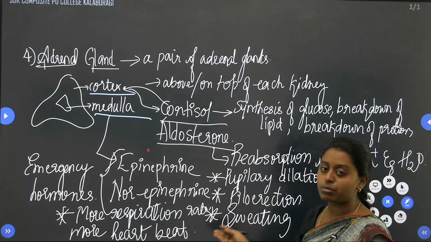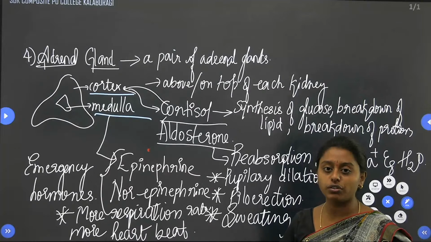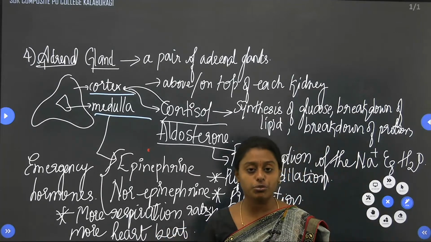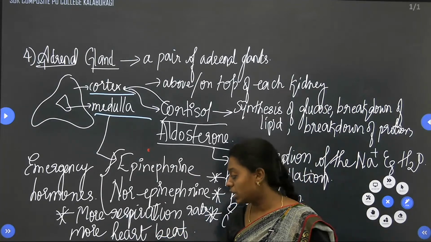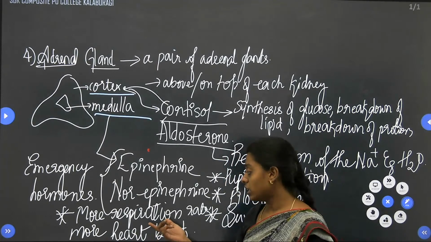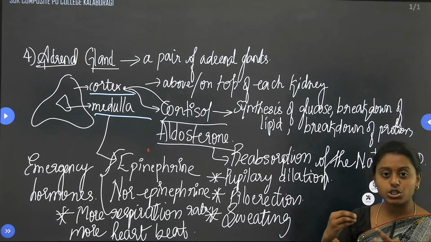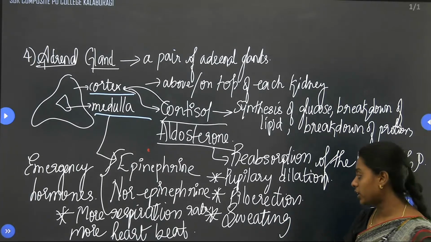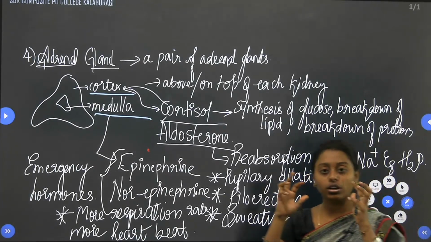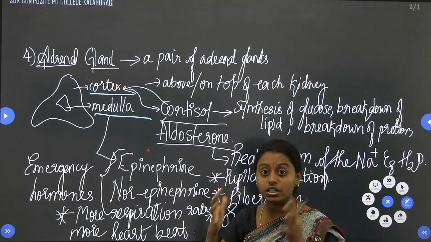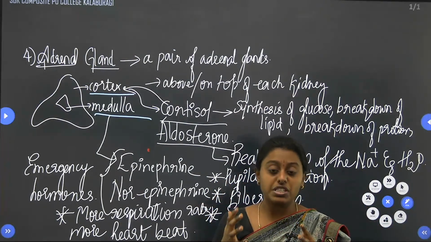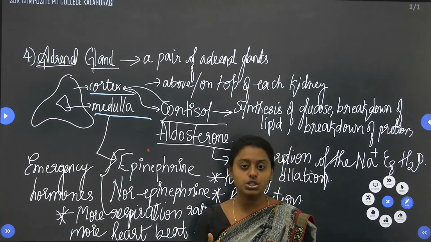So these all are the different types of effects which we can observe whenever we are under emergency condition. The increase in the heart rate, increase in the respiration rate, sweating, straightening of the hairs, enlargement of the eyeballs under scary condition.